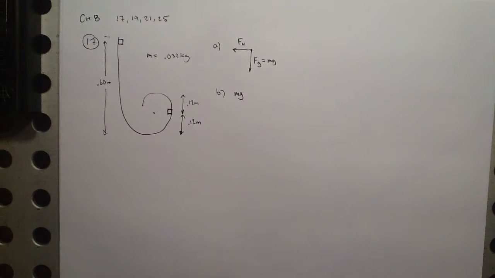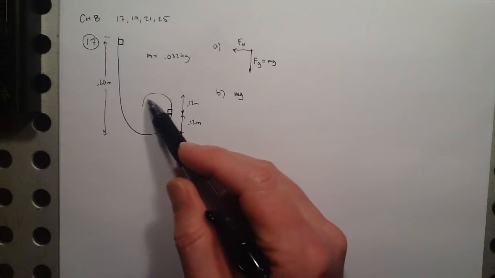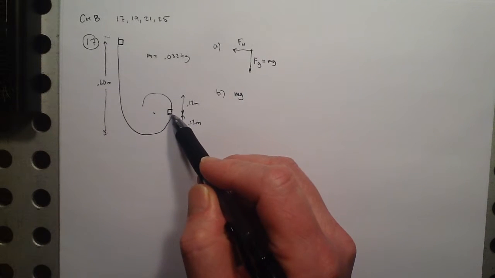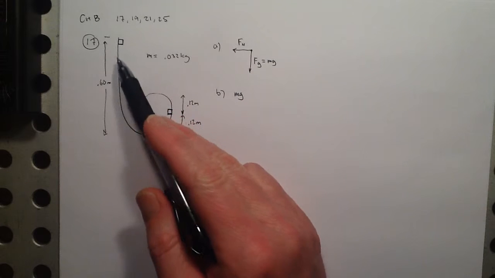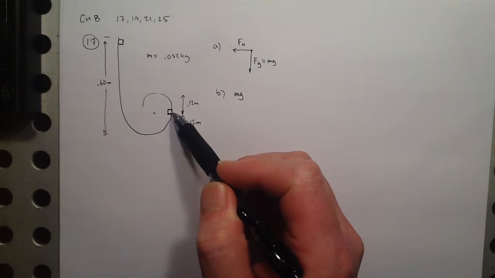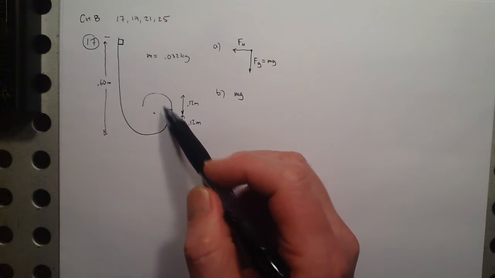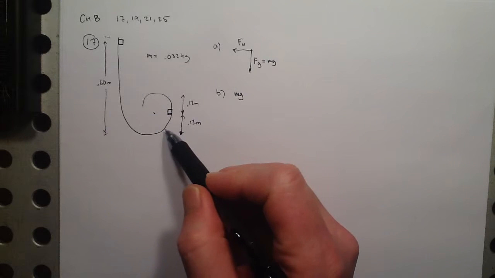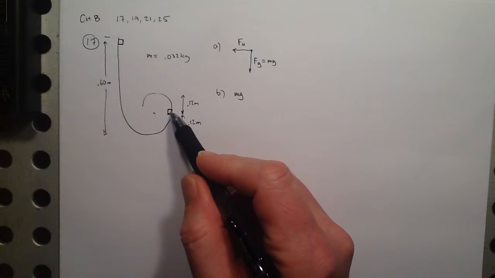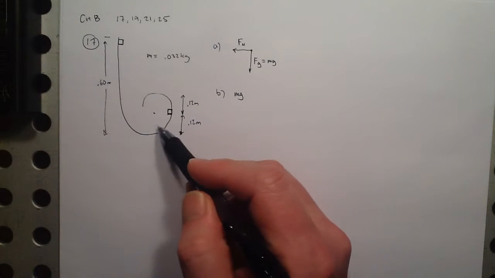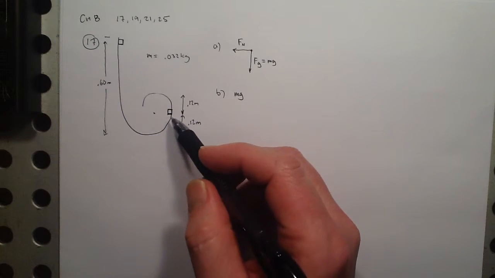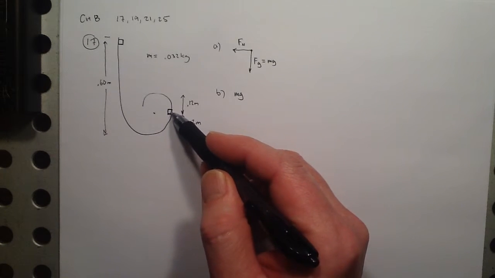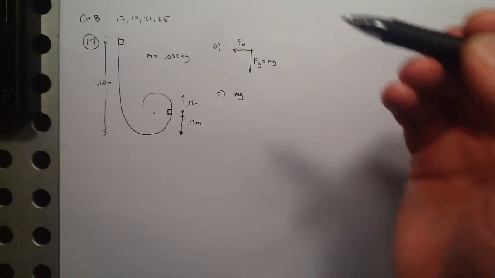The normal force, that's a little trickier to figure out. If you're not convinced that there would be normal force, this thing's going to have a good bit of velocity when it gets to this point, right? And we can figure that out in a second using energy conservation. If it's moving in a circular path, then it can't move in that circular path unless there is unbalanced force toward the center of that circle.